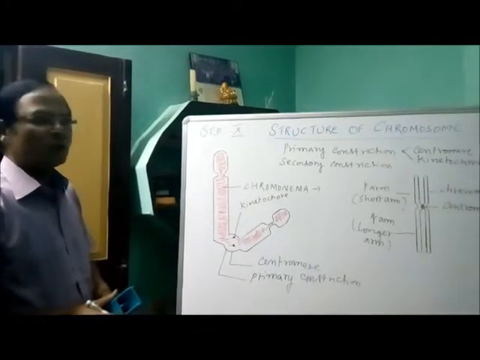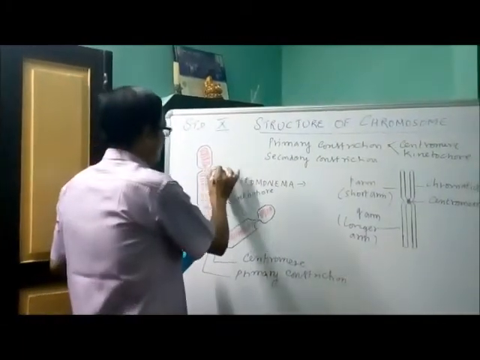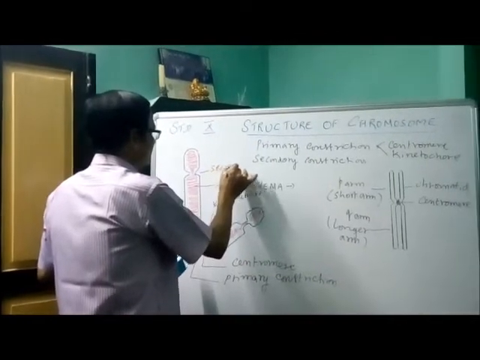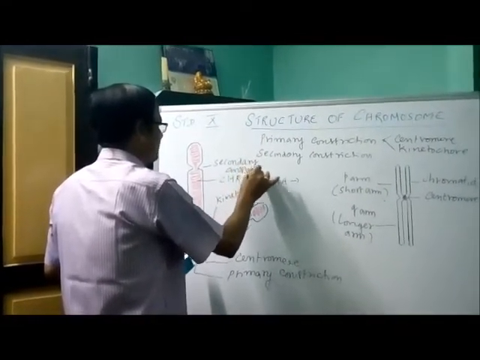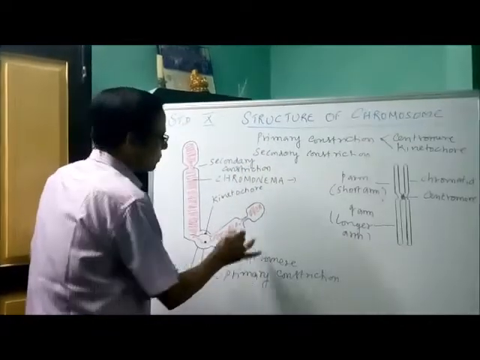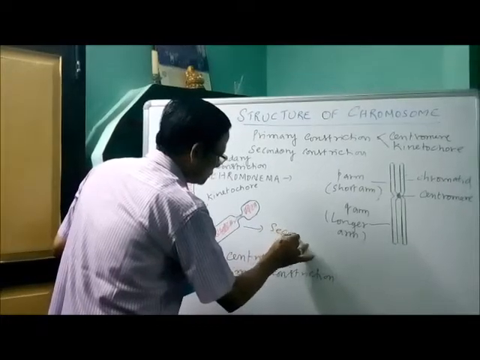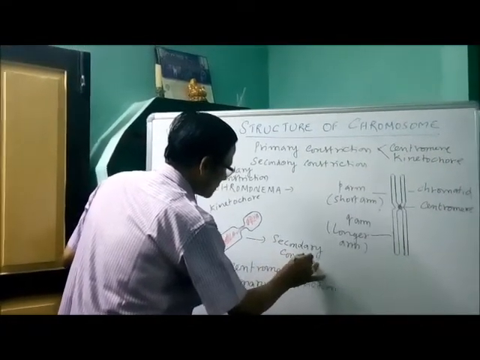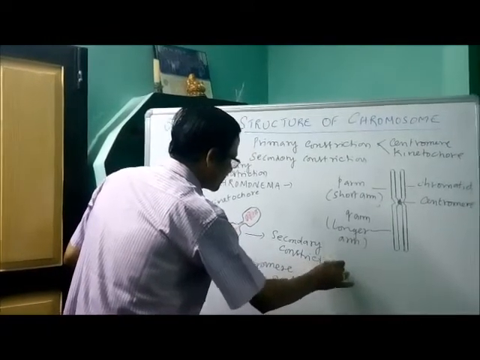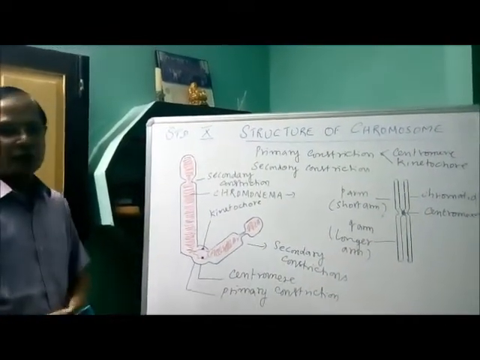We also have one or more secondary constrictions. Now this is secondary constriction. Here I represented two secondary constrictions. I represent primary constriction, now secondary constriction.